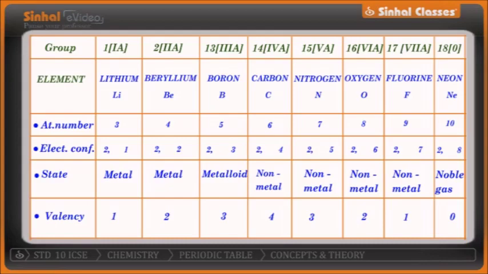Whereas the third period, a short period, consists of 8 elements, starting with sodium 11, magnesium 12, aluminium 13, silicon 14, 15 is for phosphorus, 16 for sulfur, 17 for chlorine, 18 for argon.